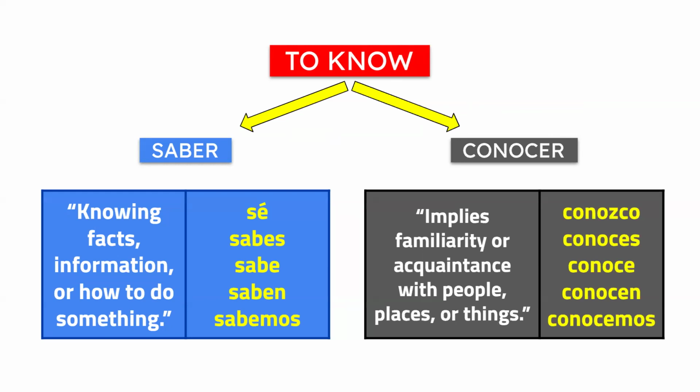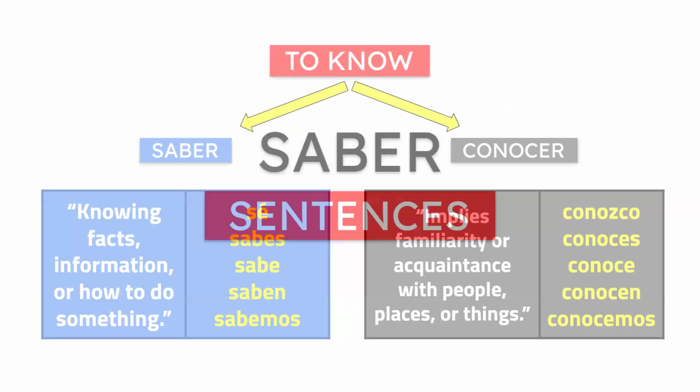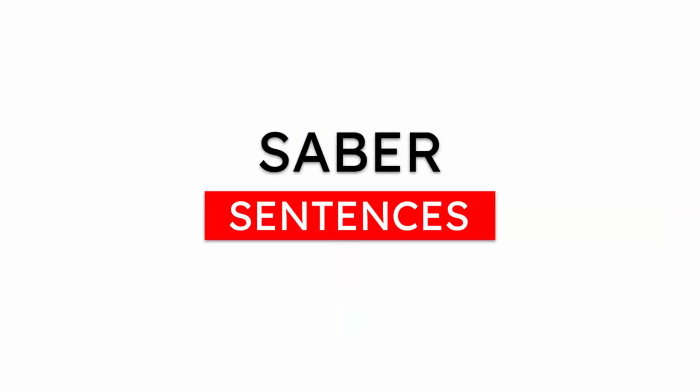How or when do we use conocer? Well, we use it when it implies familiarity or acquaintance with people, places, or things. I know this concept might sound a bit unclear, but with the examples I've prepared, I'm sure you're gonna get it very clear. Okay, let's get started with saber.